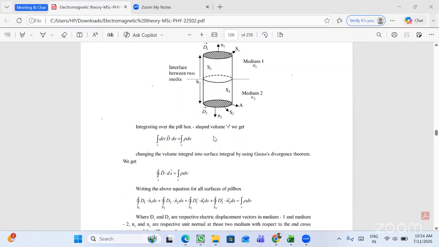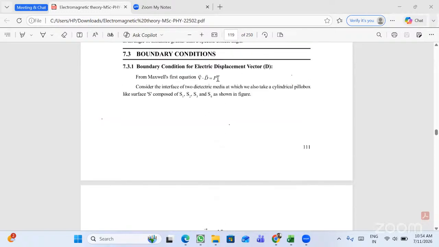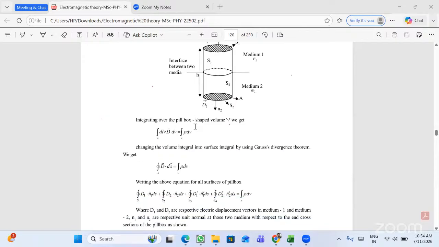Now, what we have taken is the Maxwell's equation del dot D equals rho. Make a correction in your book, it is not P, it is actually rho. Now we are integrating this over the pillbox, that means over the entire volume. Otherwise, instead of saying integrating over the pillbox, we can simply say that we are integrating Maxwell's equation over a volume.